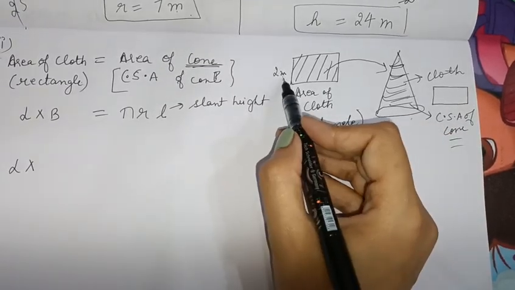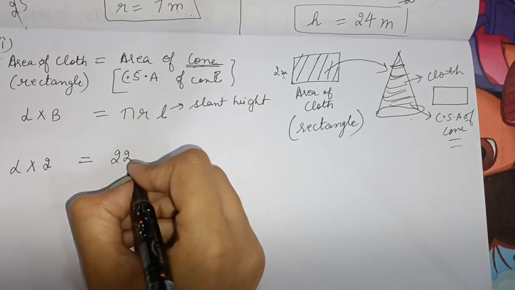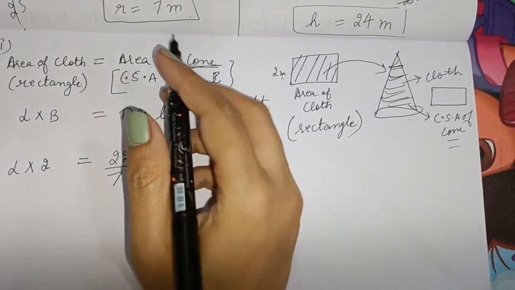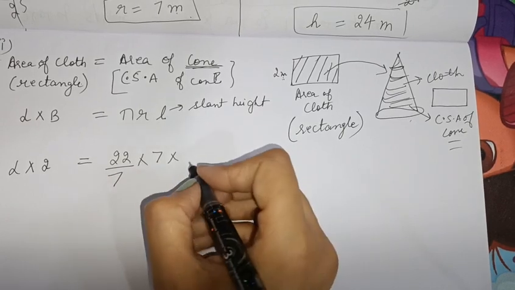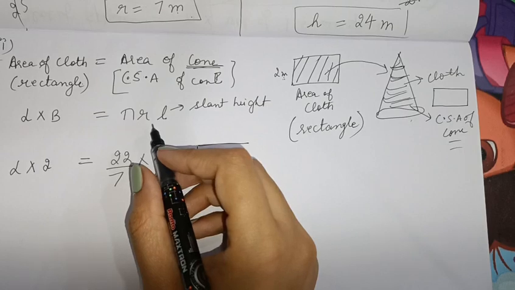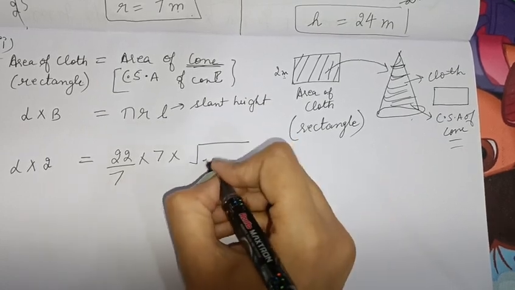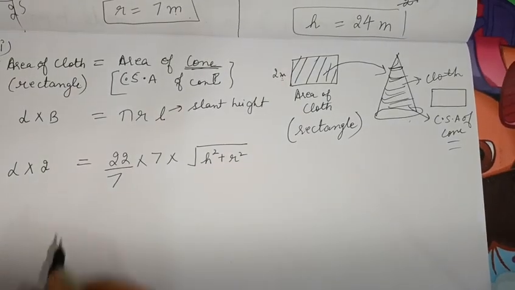Width is 2 meter. Here also I have written width is equal to 2 meter. Pi's value is 22/7. R's value we found as 7 only. And L is not given to us. No problem. If L is not given to us, L's formula we can remember always. So L is equal to the square root of h square plus r square.